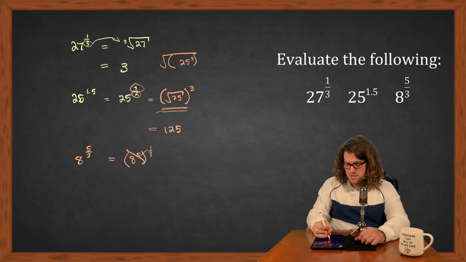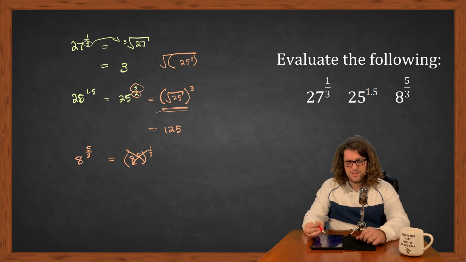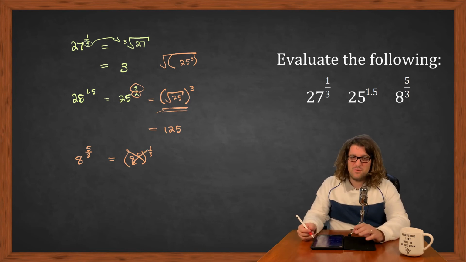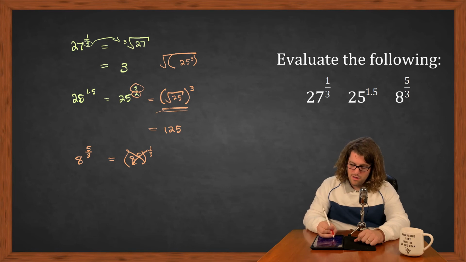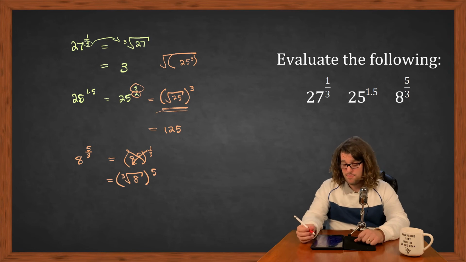But I'm going to choose not to go that route because, again, 8 to the 5th power, I'm going to get really out of sorts quite quickly there. So I'm going to instead say, what if I were to take the 1/3 power first, which is the same thing as the cube root. So I'd take the cube root of 8, and then after I'm done that, I will then apply the 5th power to it because the order doesn't matter.